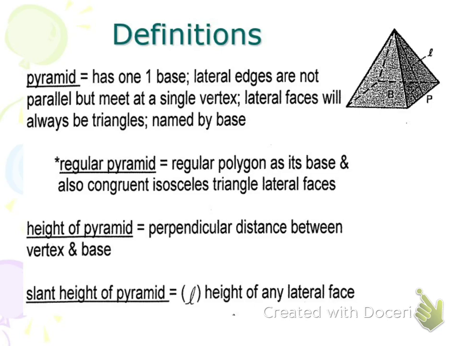Lateral faces will always be triangles. And we name a pyramid by its base. A regular pyramid has a regular polygon as its base, and also congruent isosceles triangle lateral faces.